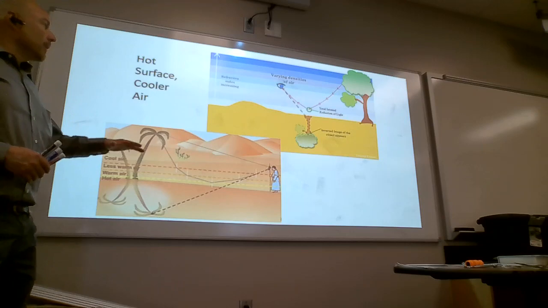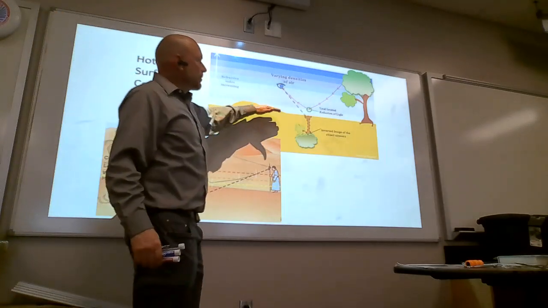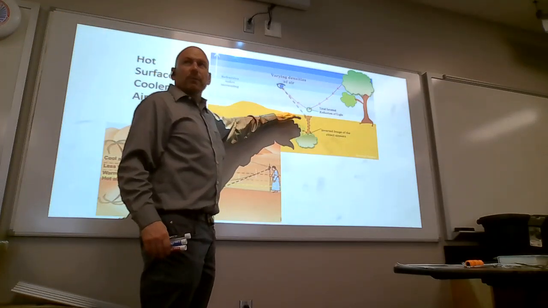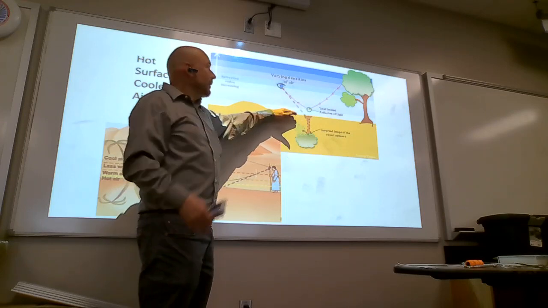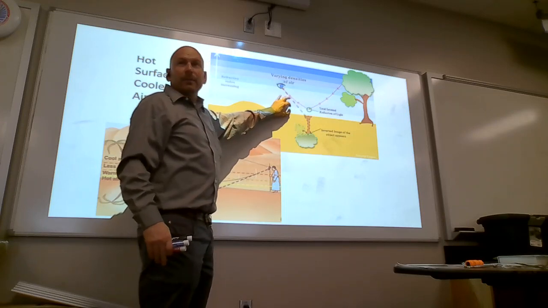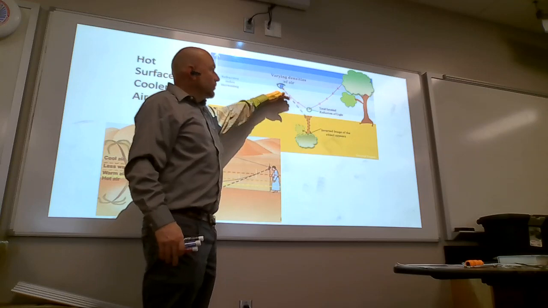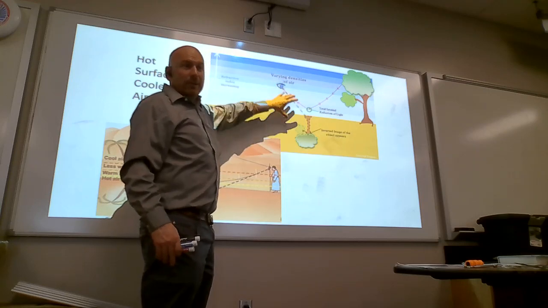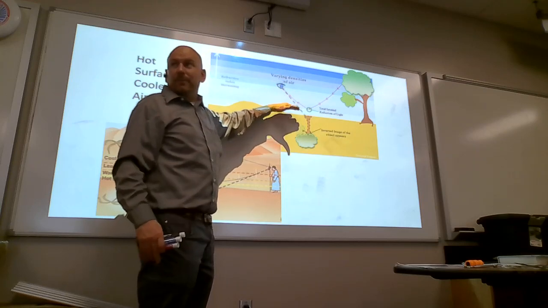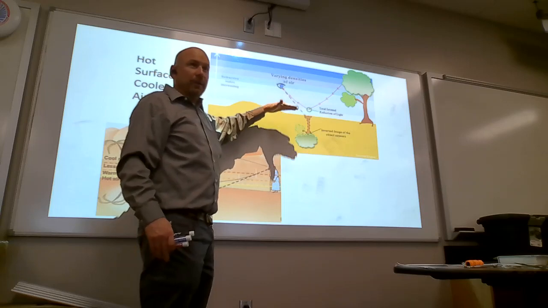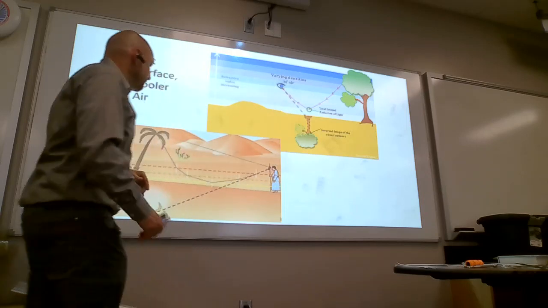Okay. So the temperature near the surface of the road or wherever is super hot. And it cools down as you go away from it. It's being baked right here by the asphalt or the roof.